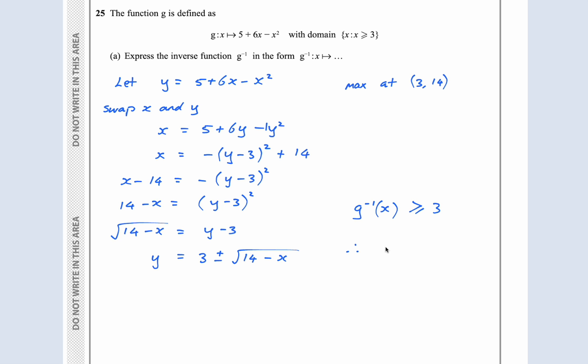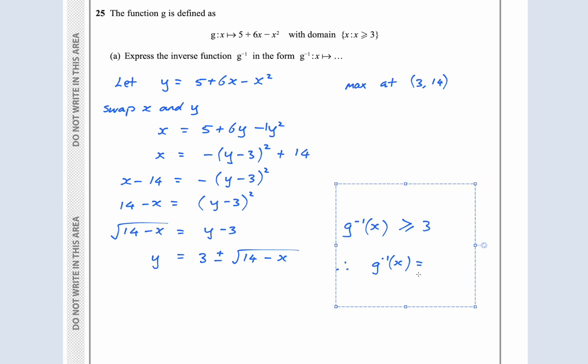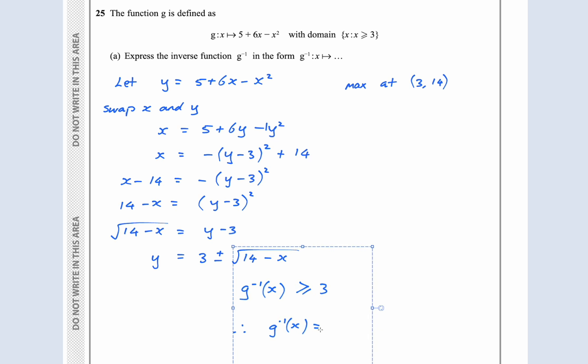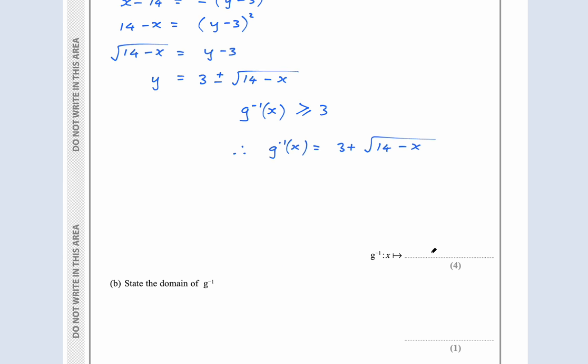Therefore, g minus 1 of x equals, let's just bring this down here. Therefore, g minus 1 of x is equal to 3 plus the square root of 14 minus x. Okay, 3 plus the square root of 14 minus x.